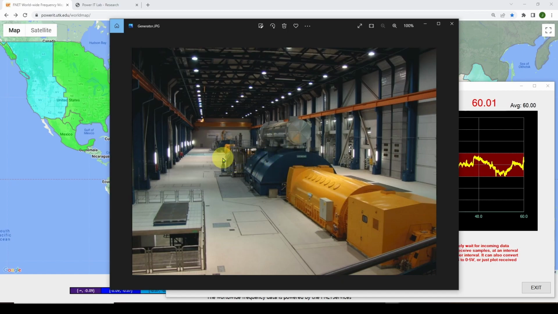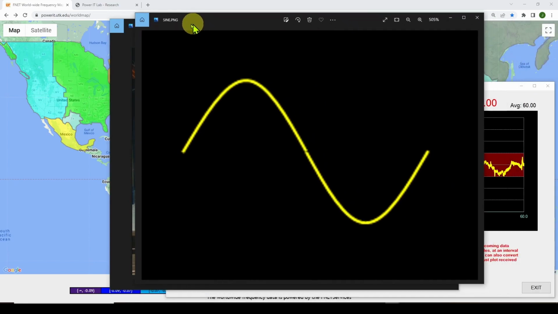In this case, you've got steam coming in these big pipes, and they're spinning a turbine, and on the same shaft you've got this electrical generator, which basically takes a DC field and rotates it through some AC windings, and that generates a sine wave like this.